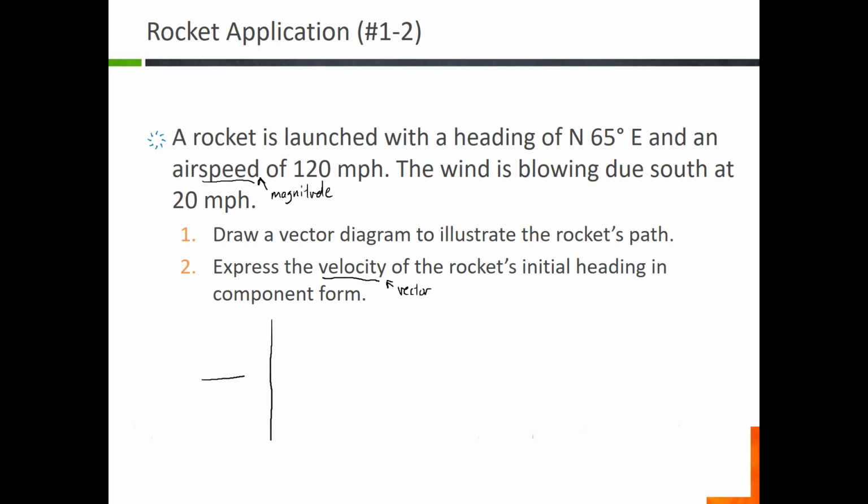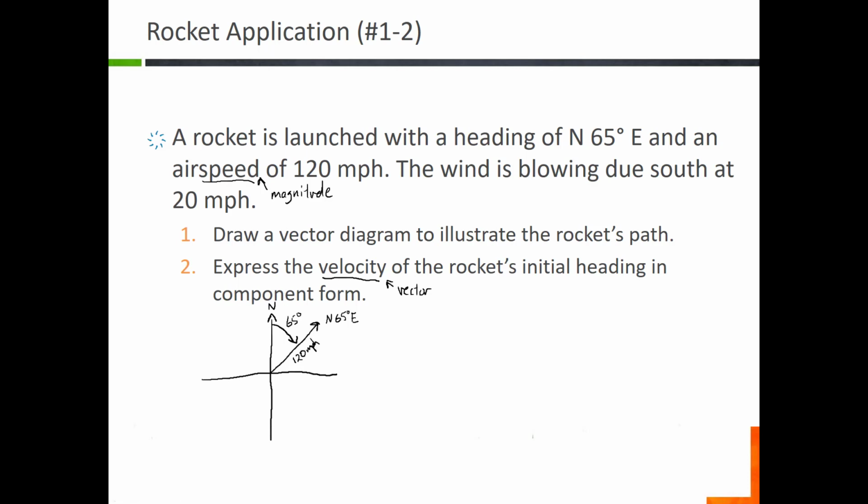This one's a little harder to figure out, but it's not too bad. There's north. We're told it's launched with a heading of north 65 degrees east, so it goes from the north axis 65 degrees rotating toward the east. This is our vector, north 65 degrees east, and its airspeed is 120 miles per hour.